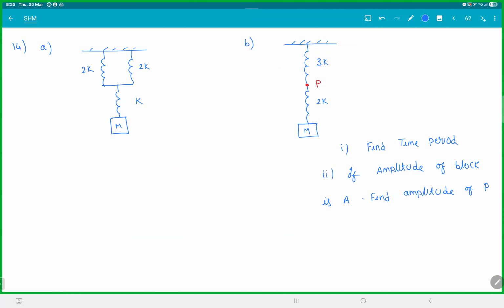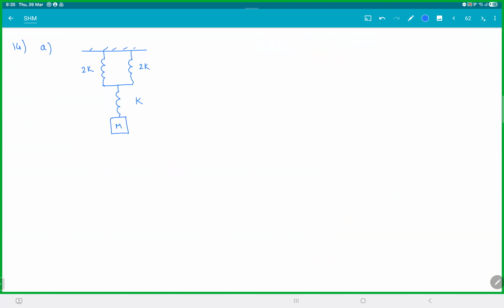So this can be replaced with one spring here: 2k, 2k will become 4k, and this will be k. Here the k equivalent will be k into 4k by k plus 4k, that's 4k by 5.